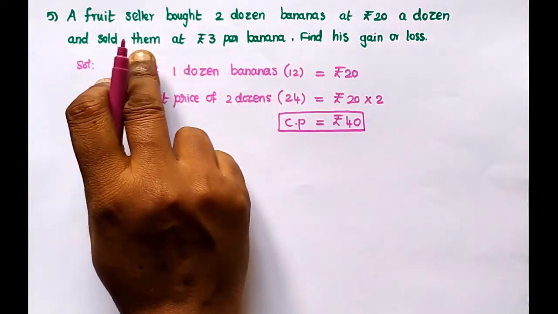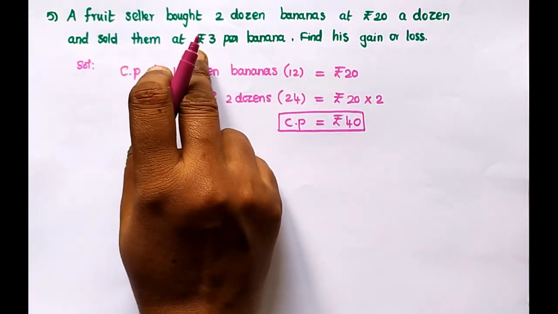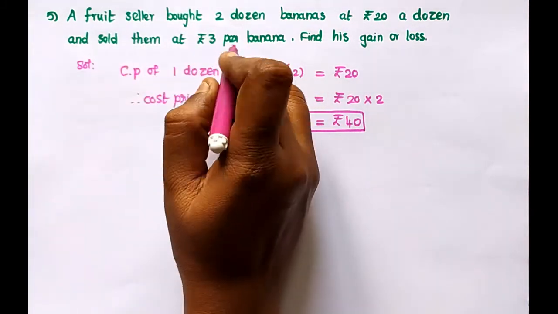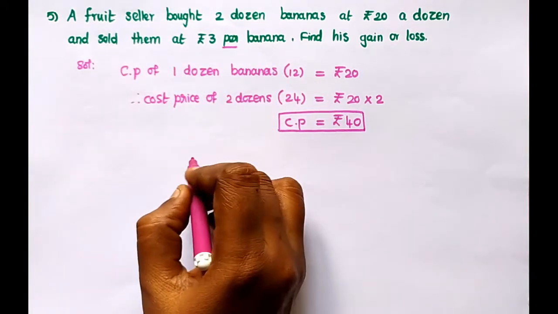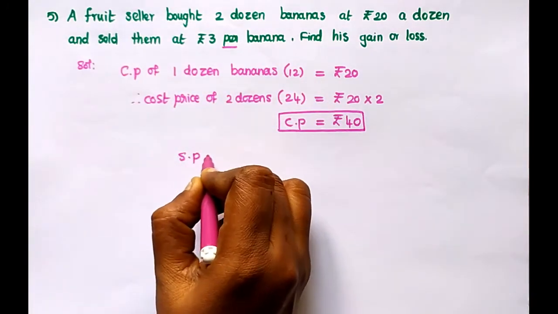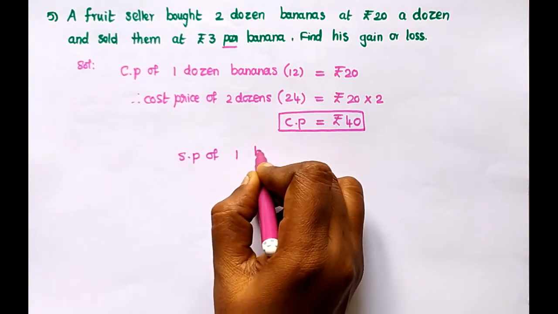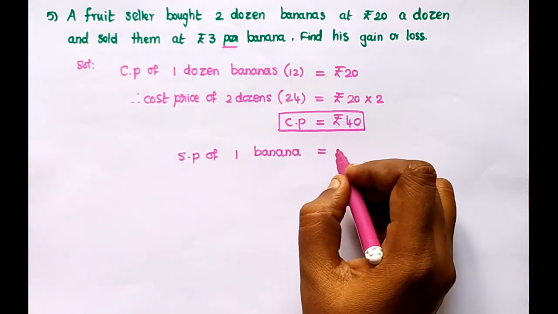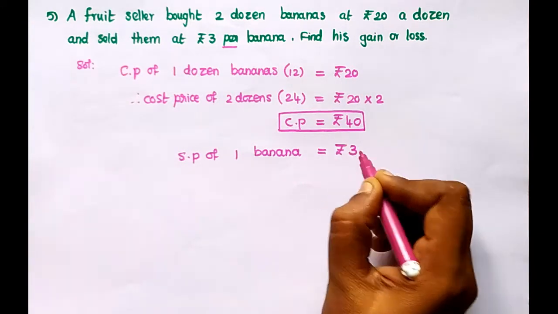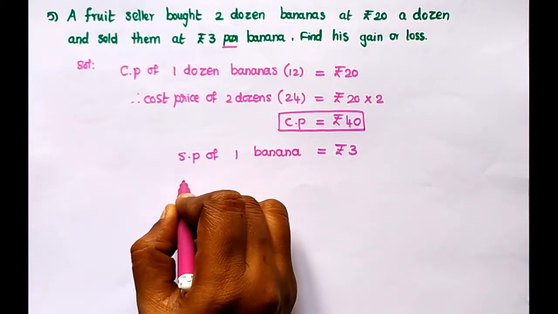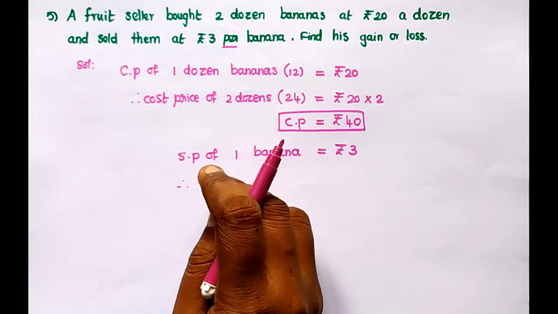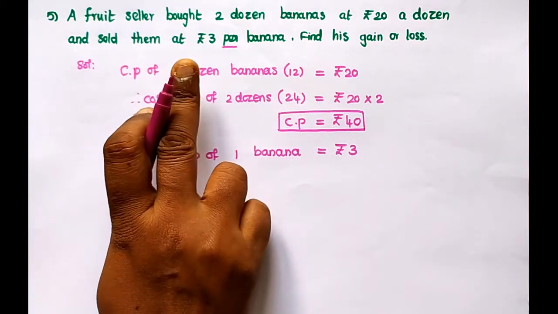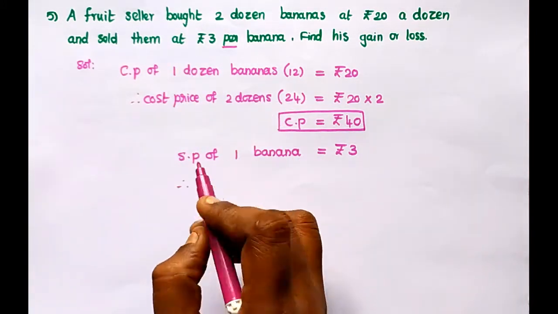Now they gave the selling price at rupees 3 per banana. Per means 1 banana. So selling price of 1 banana equal to rupees 3. How many bananas did he sell? 2 dozens, that is 24 bananas he sold.